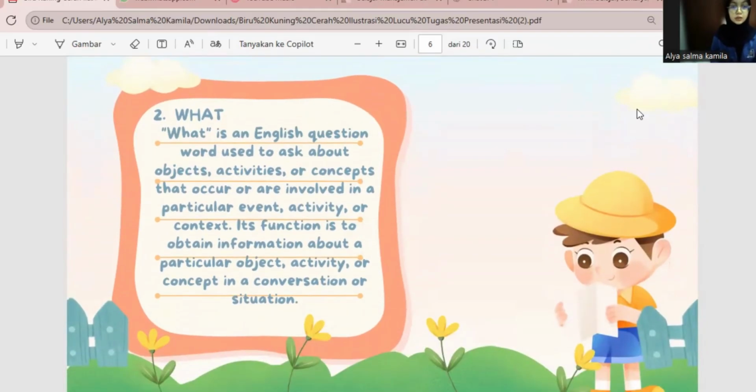Next is what. What is an English question word used to ask about an object, activity, or concept involved in a particular event, activity, or context. Its function is to obtain information about a particular object, activity, or concept in a conversation or situation.